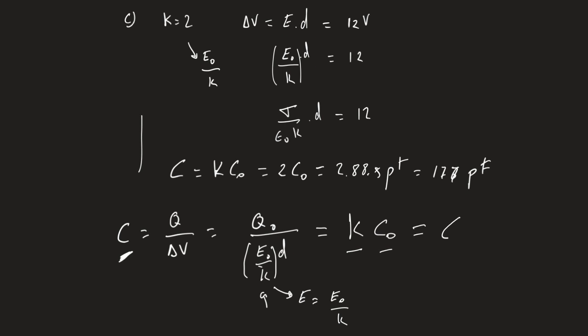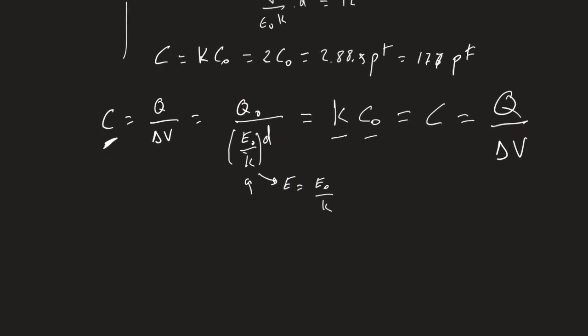So this is the new capacitance, and it corresponds to a charge Q divided by the same change in potential. The new charge Q is the new capacitance times the same change in potential.